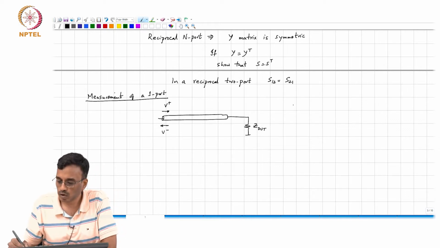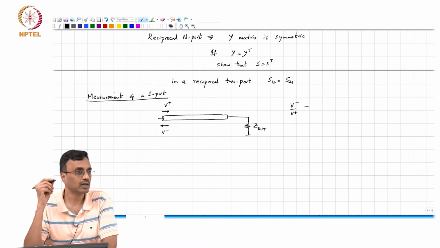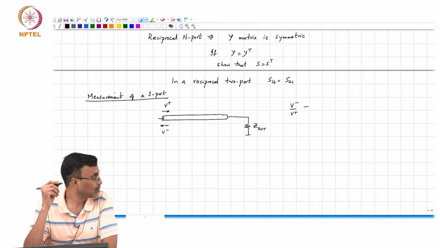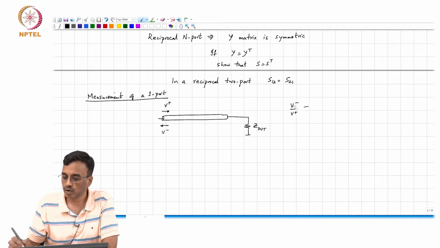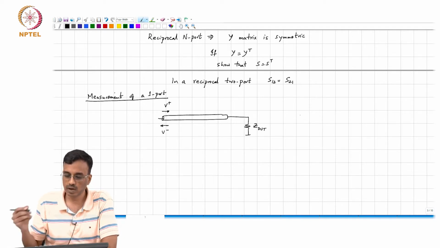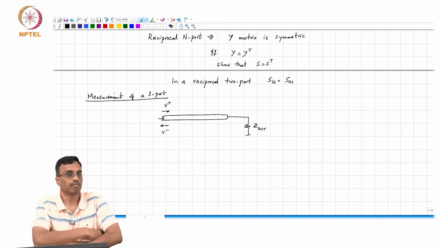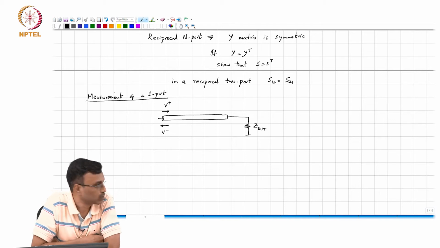If you measure V minus by V plus, you basically know the... Okay, now let me ask you the question. This is our setup. How do you think we can go and measure Z DUT?